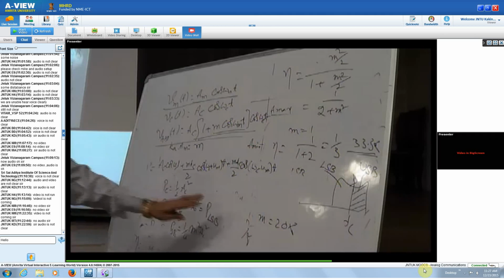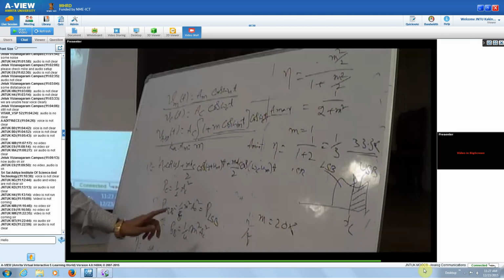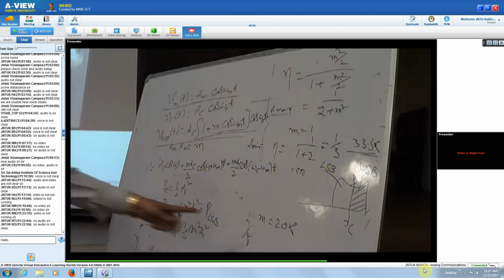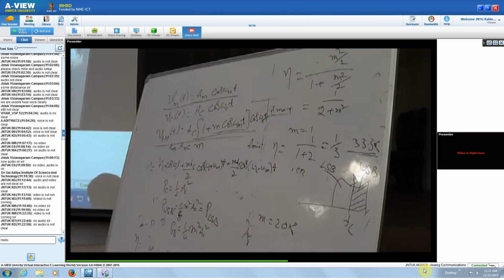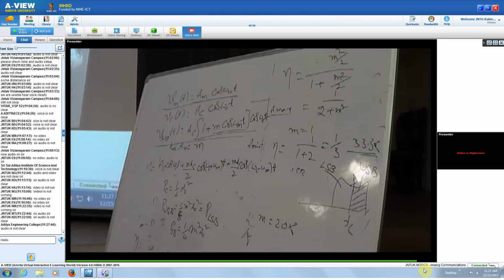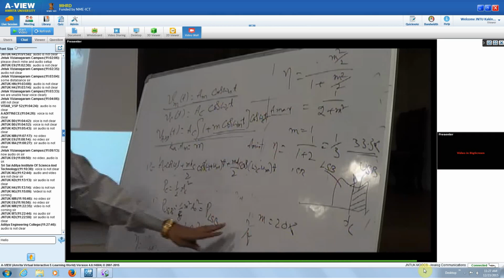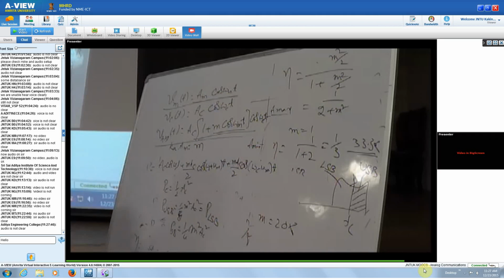If M equal to 20%, each sideband will have a maximum of 1% of the total power, because this is 0.2 square times the total power, which equals only 1% of the total power in each sideband. That means the remaining all is going to be carrier power only. That's why, as a modification of this, we go for suppressed carrier modulation and then single sideband also.